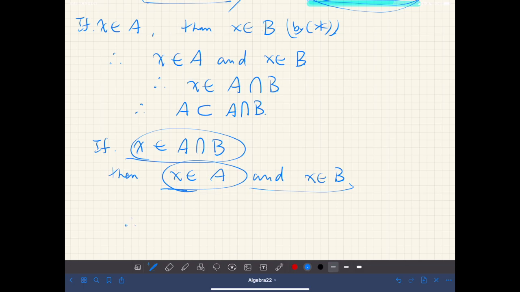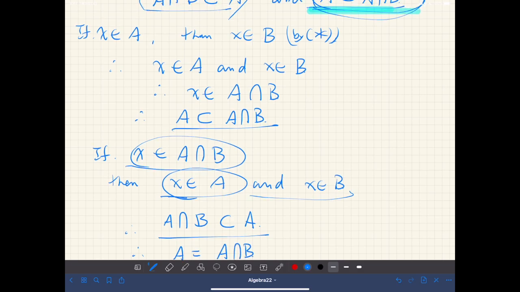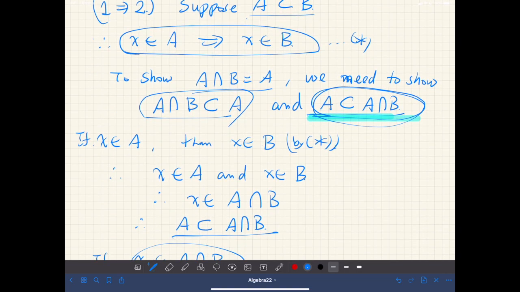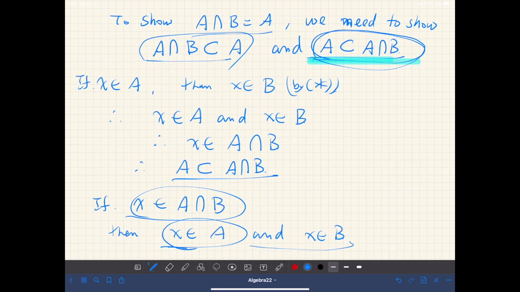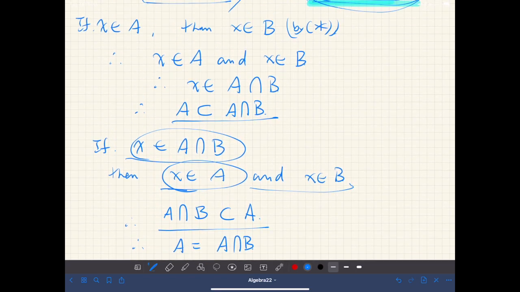Therefore, A cap B is a subset of A. So we have this, we have this. Therefore, A is equal to A cap B. So by assuming A is a subset of B, we have proved A is actually equal to A cap B.